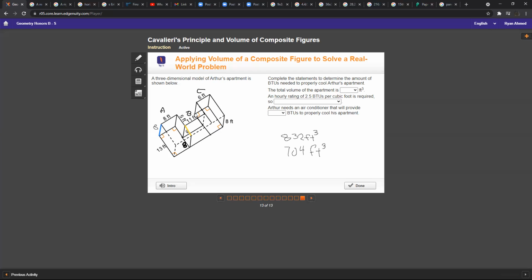So see what you get for the total. Now that we found out the volume of each of the individual parts, see what you get for the total now.